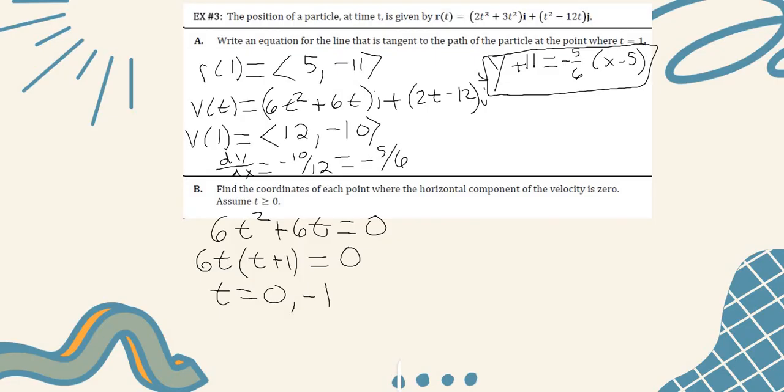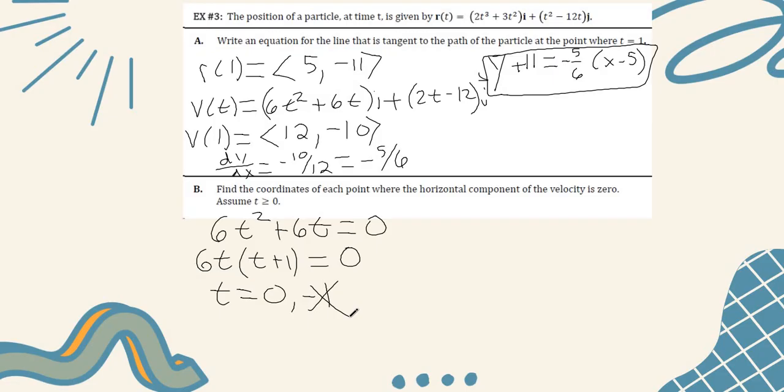can t be -1? No. So we're looking at t equals 0, yes? But does it ask us for the time at which that happens? Well, it asks us for the what? Yeah, but more importantly it asks us for the point, right?